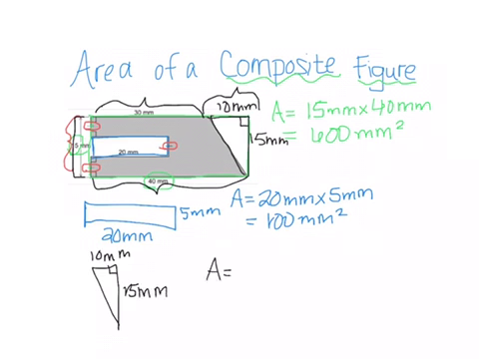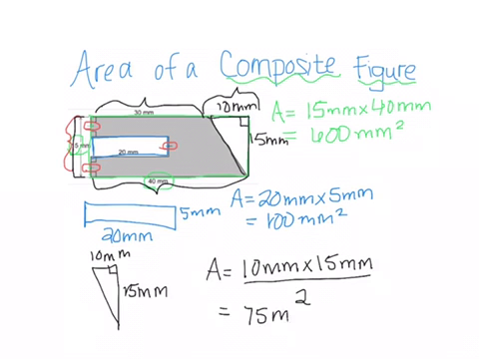Therefore, the area would be 10 millimeters times 15 millimeters, all divided by 2, or I'm taking half of it because it's a triangle. So therefore, my area, first I can look at 10 times 15, which is 150, then divide that in half, which is 75 millimeters squared.